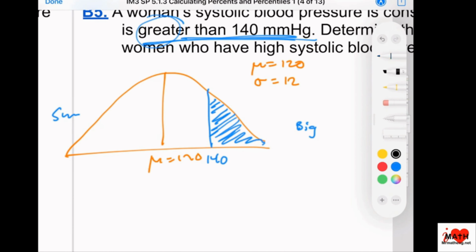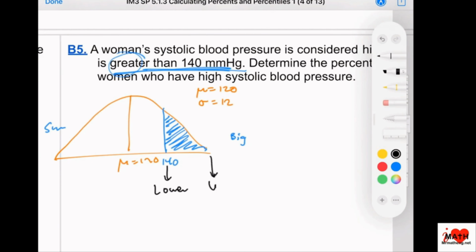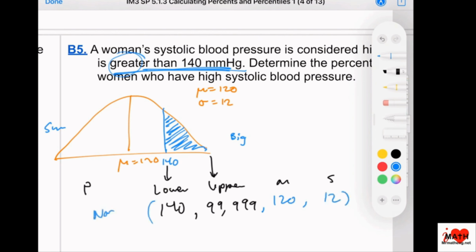Because this is the left side of the shaded region, this is my lower, and this is going to be my upper. We said use a number like positive infinity or 99,999. The mean is 120, the standard deviation is 12, and we need normCDF.